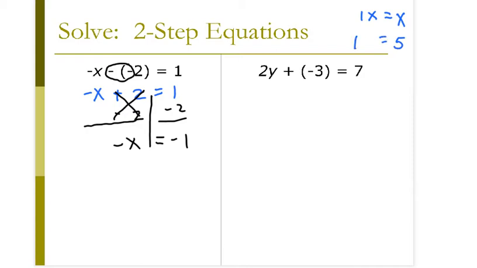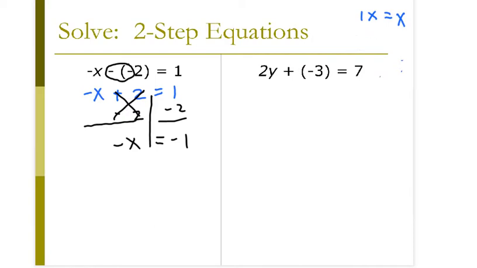Similarly, if I had 7, I could replace the 7 with 1 times 7 and it would mean exactly the same thing. So we have a lot that we can do here.